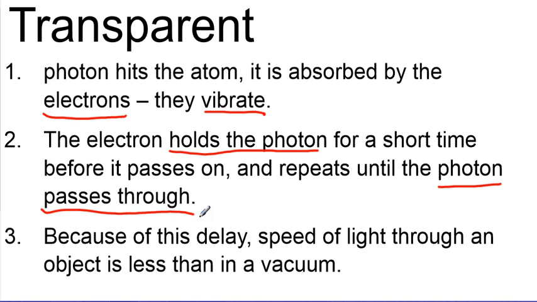Now, this causes a delay for the light to go through that medium, which means that as light goes through a medium, the speed is less than in a pure vacuum. This actually causes the light to change its direction, what we call bending of the light, as it refracts as it goes through the medium.